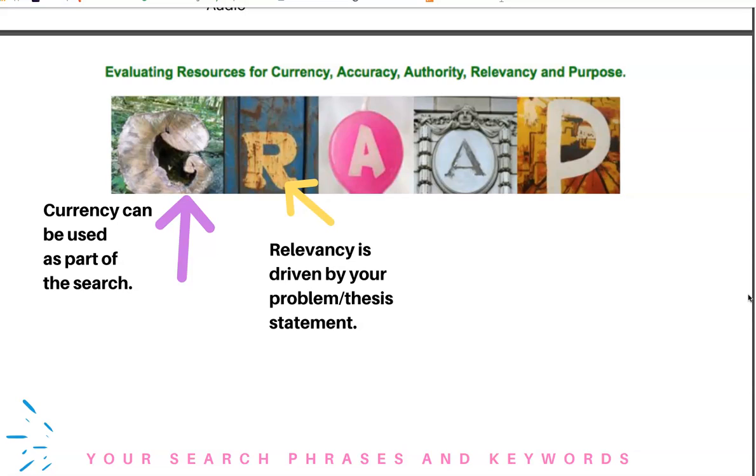Relevancy. This is driven by your problem and thesis statement. Suppose you're working on a polar bear, starvation, nutrition, global warming, Antarctica, Greenland, some other places. Those are your keywords, and in many cases you can use those all in one search so that you get specifically relevant things.